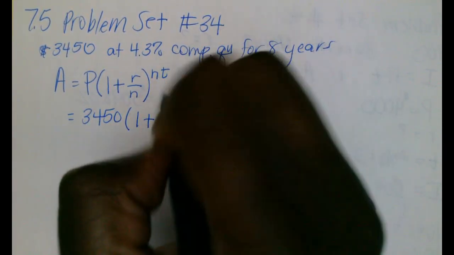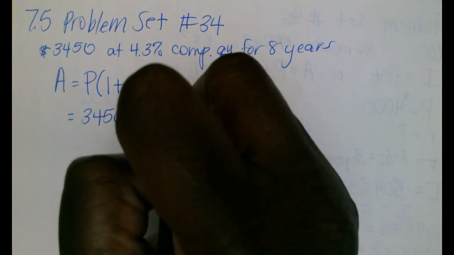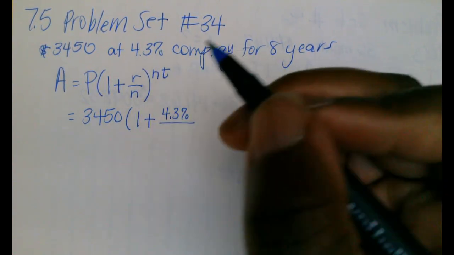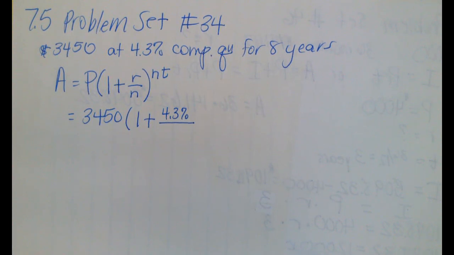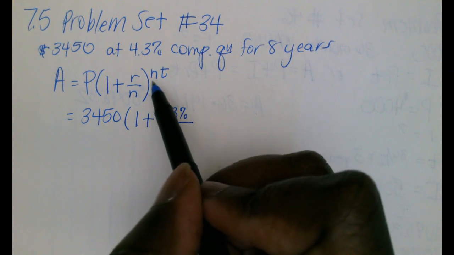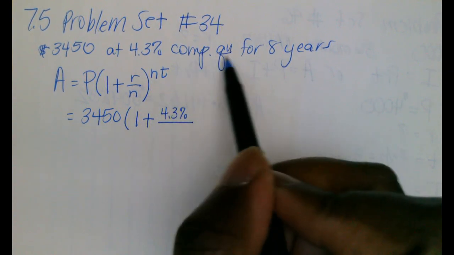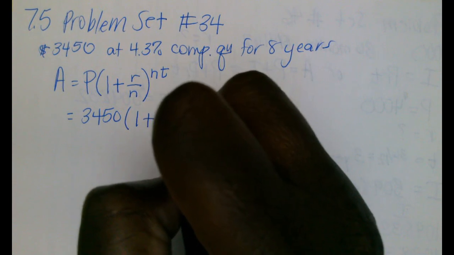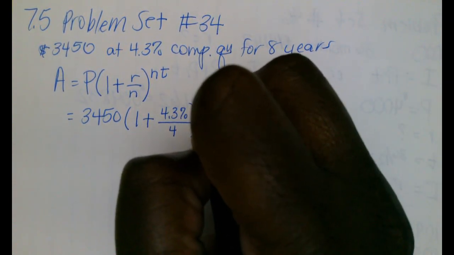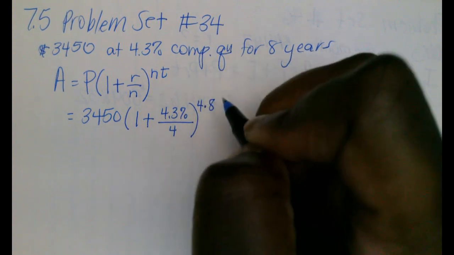All right, so we have P as our starting point, our principal. 1 plus 4.3% over N is how many times a year is compounded. T is for how many years. So N is how many times a year, and it tells you compounded quarterly. So 4 times a year for quarterly. And this is the same N that you're going to multiply with your time.